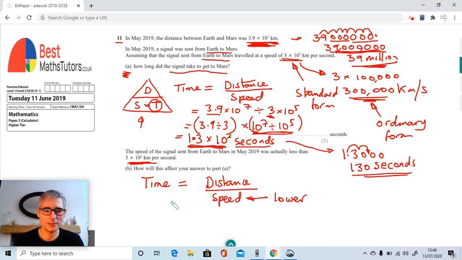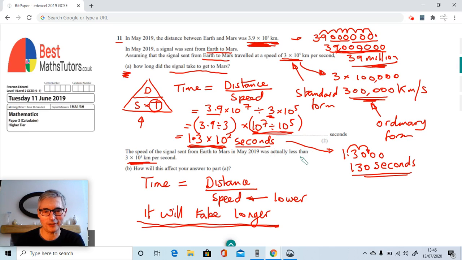So what that's going to mean is it will take longer because the time will be bigger. So our answer would be it will actually take longer. And that makes sense anyway, because if we went somewhere at a slower speed, obviously it would take us longer to get there.